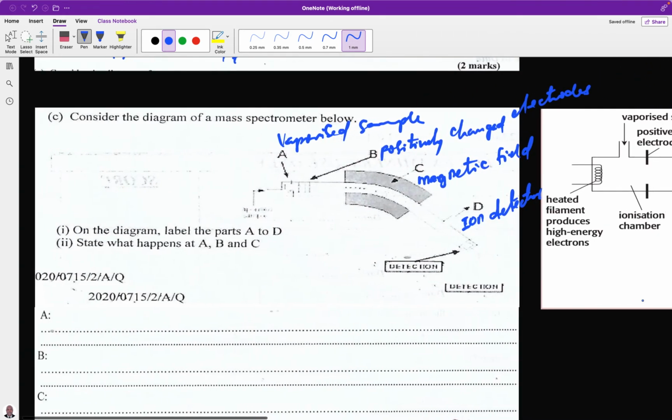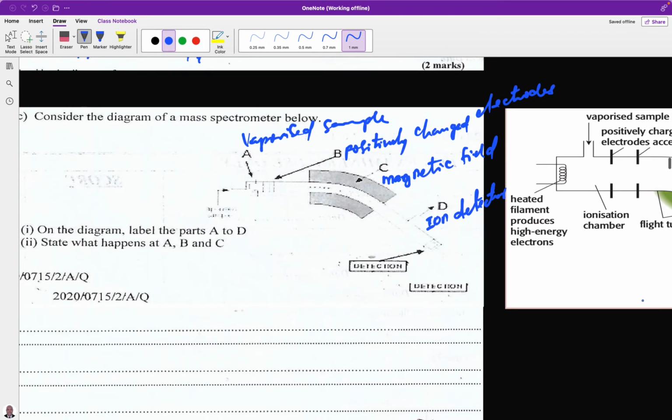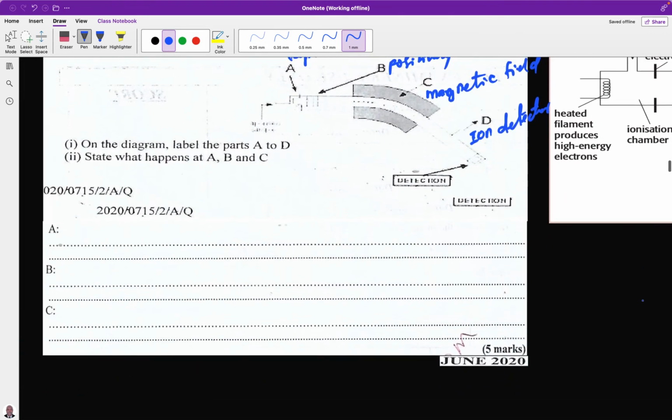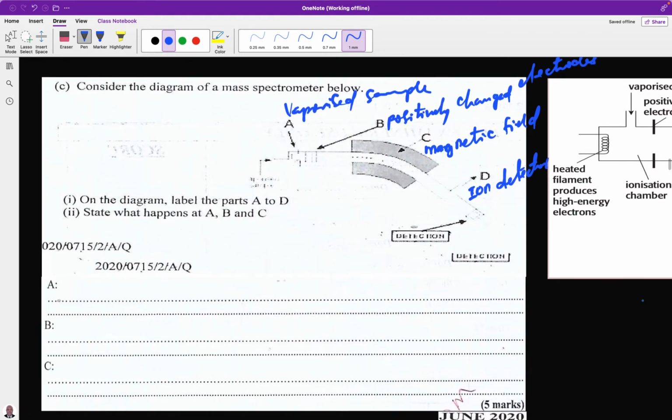Then it takes us to the second part of the question. They said, state what happened at A, B, and C. Remember that at A, what is happening? These are vaporized sample. So what you need to write is how the mass spectrometer is functioning. At A, we'll call it vaporization.